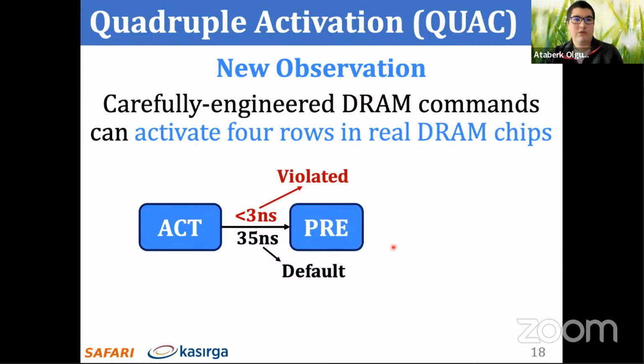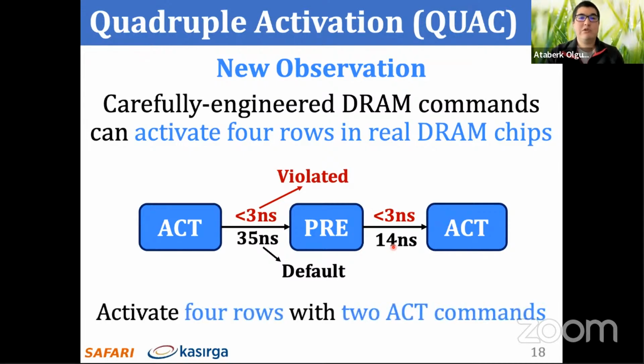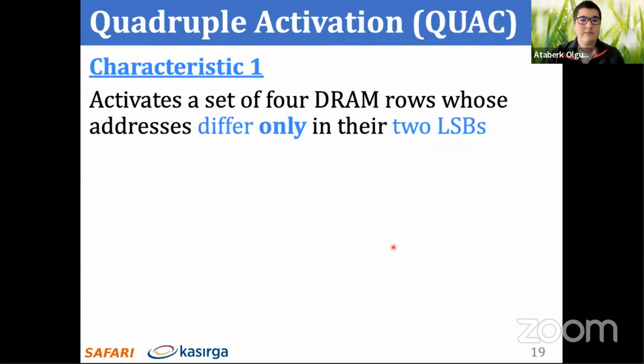Instead of using the default 35 nanoseconds, we wait for less than 3 nanoseconds before sending the pre-charge command. We follow this up with another activate command, and this time we violate the TRP timing parameter. In doing so, we're able to open 4 DRAM rows with just 2 activate commands.